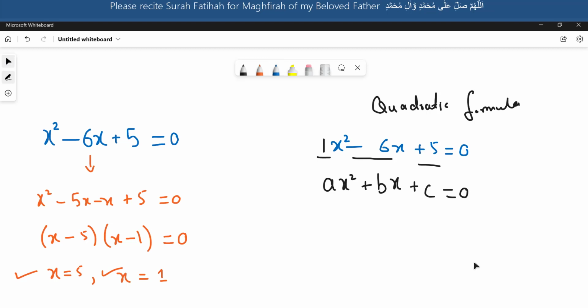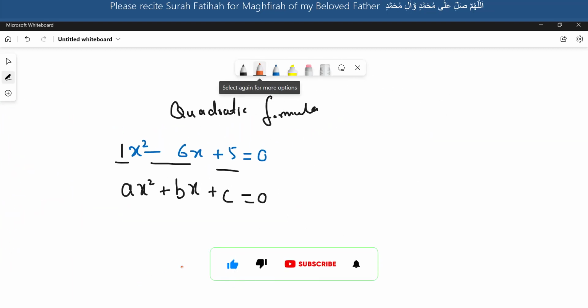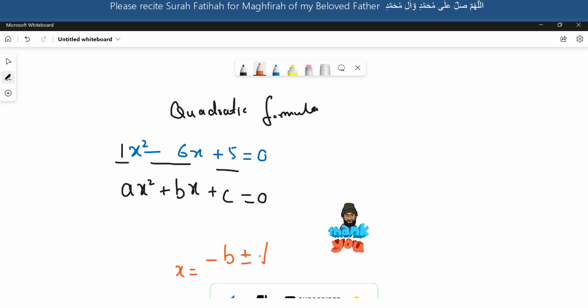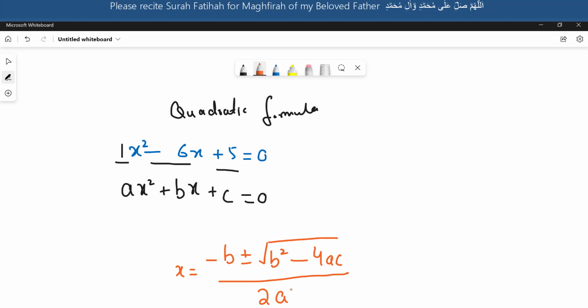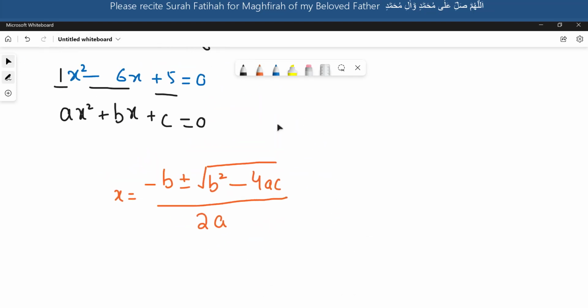Now we are using the quadratic formula. We see that a is 1, b is minus 6 and c is plus 5. So the formula is x equals minus b plus or minus the radical of b squared minus 4ac, over 2a. Therefore a equals 1, b equals minus 6, c equals 5.